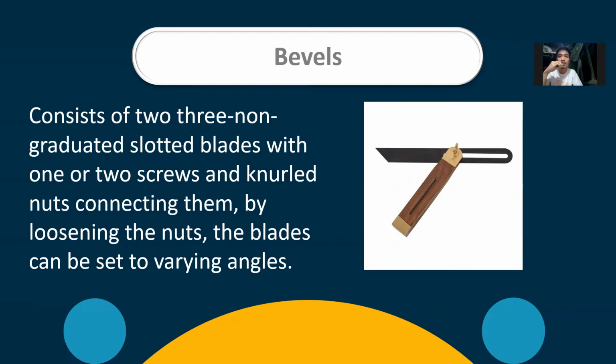By loosening the nuts, the blades can be set at varying angles. So ito naman, kung makikita nyo, wala rin siyang graduated na markings. So ang ginagawa niya rin ito, as compared to calipers na length yung tinatransfer niyang measurement, ito naman is angle.